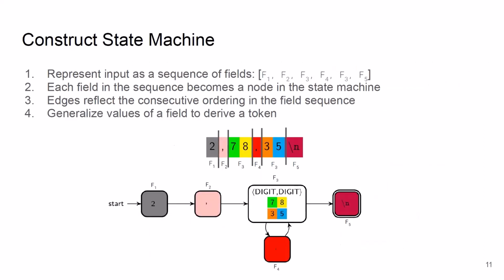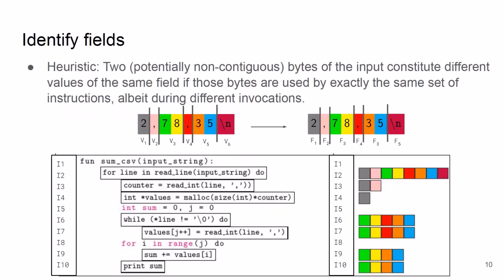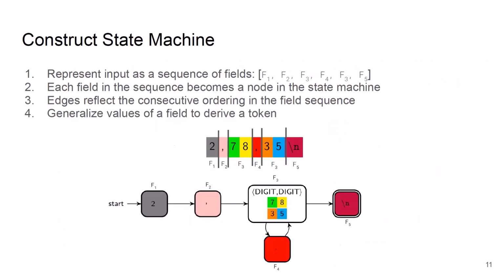And now we have a sequence of fields. We identified that the bytes 78 and 35 belong to the same field because they were accessed by the same set of instructions, but during different invocations. And the remaining values are all different fields. Now we can specify the input bytes as a sequence of fields.